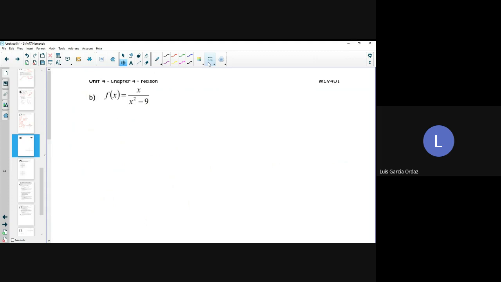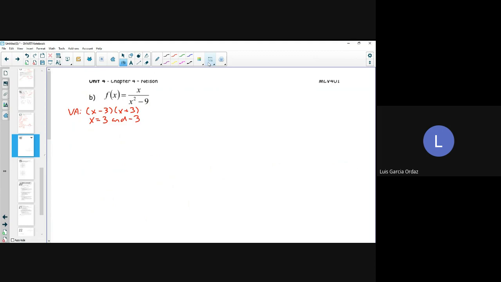What would my vertical asymptotes be if I were to factor out my denominator? Perfect. So I got positive 3 and negative 3, because I got x minus 3, x plus 3, because of the difference of squares. So I get x is equal to 3 and negative 3. Those are my vertical asymptotes.